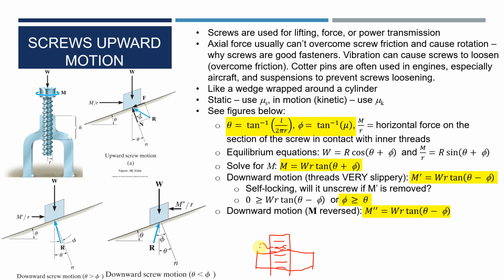And a cotter pin is something that looks like this. It goes through the hole and around, and it's intended to prevent the screw from rotating, a cotter pin.